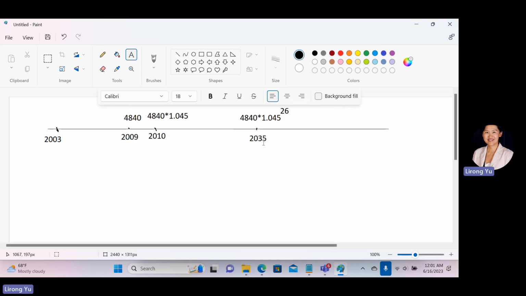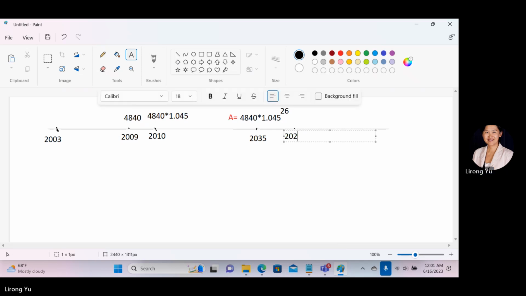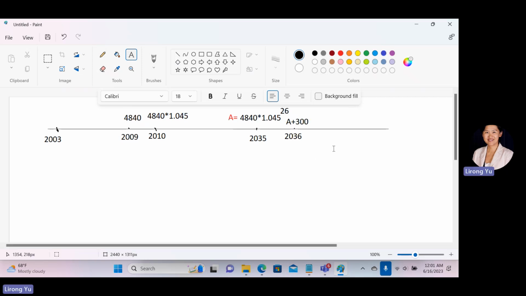If we call this value A, the payment value, then the payment after that, so the year after 2035, which is 2036, must be A plus 300, and then A plus 600, A plus 900, and so on.